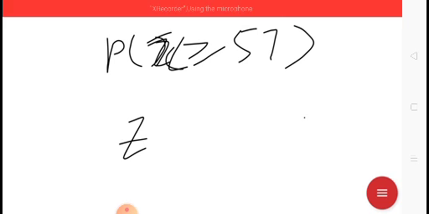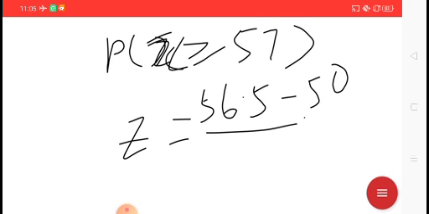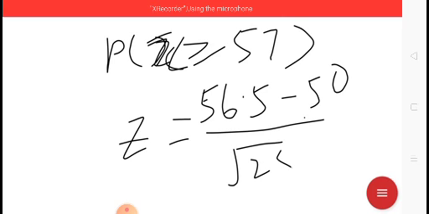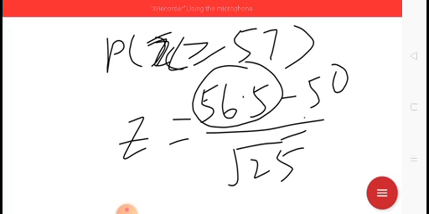Z will be equal to 56.5 minus 50 over the square root of npq, so square root of 25. In this part we consider the continuity correction. Please remember that. Once you calculate, you should get Z equal to 1.3.